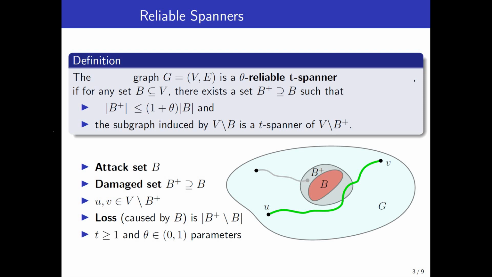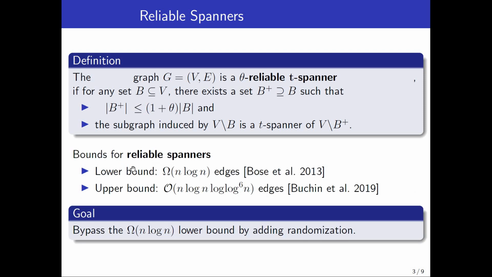Notice that there is no bound on the size of the failure set, thus reliable spanners can survive catastrophic failures. Let's see what we know about them. Unfortunately, there is a lower bound of n log n edges, which means that we are still bounded away from having linear size, and we are not satisfied with this.